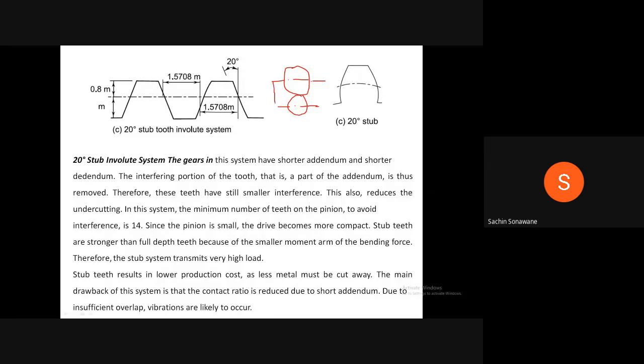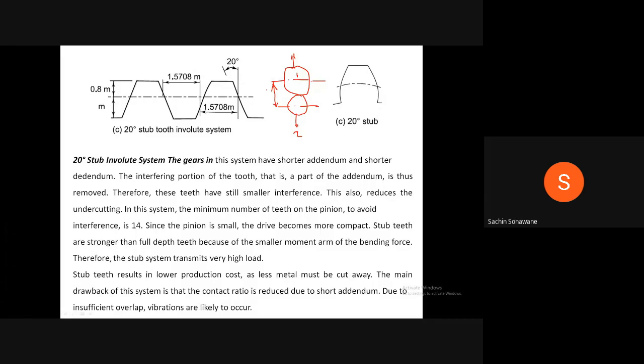Whatever this center distance is, if interference is there, then we can increase the center distance. That is, we pull the first gear outward, then the second gear also outward to some extent. Therefore, the center distance will increase.